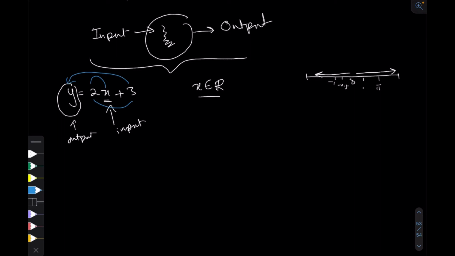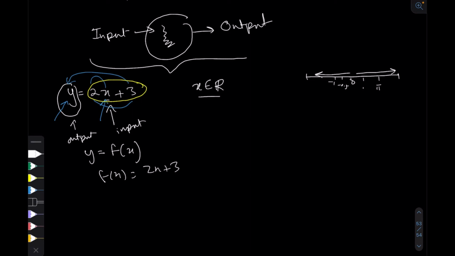That's the output. So here the output is y, the input is x, and this whole thing is our function. Since we are defining y in terms of x, y is a function of x, and f of x is basically 2x plus 3.